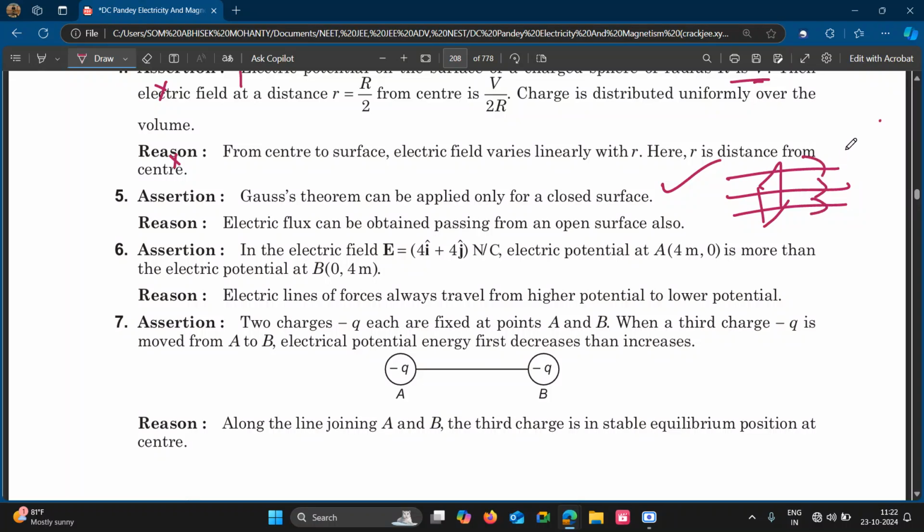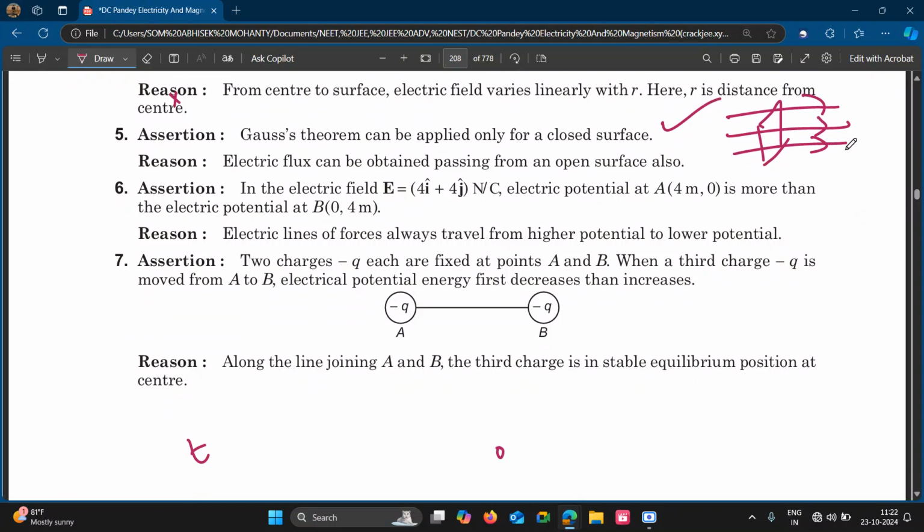But the thing is, Gauss theorem says E dot ds is equal to q by epsilon. From Gauss theorem, we actually try to calculate the electric field through any closed surface. For that, we need q enclosed. Q must be enclosed, otherwise how will we calculate it?